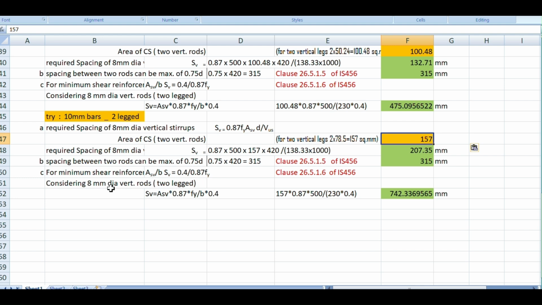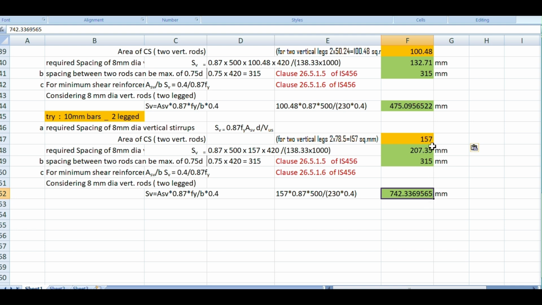On using this, the spacing is 207.33 mm, and the other limits are as derived previously: 315 mm, and in the C category minimum reinforcement, 742 mm.